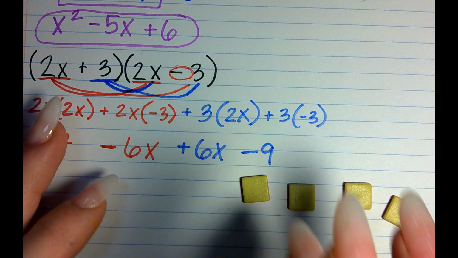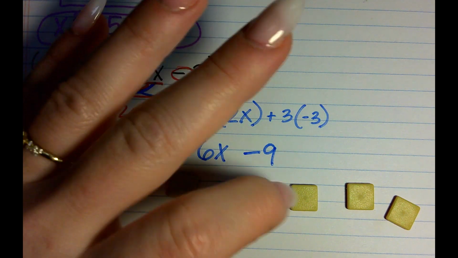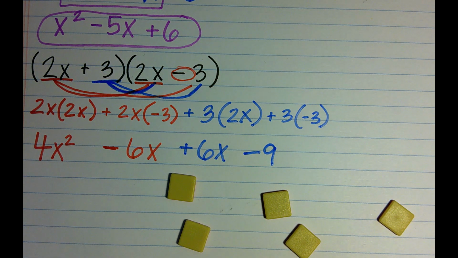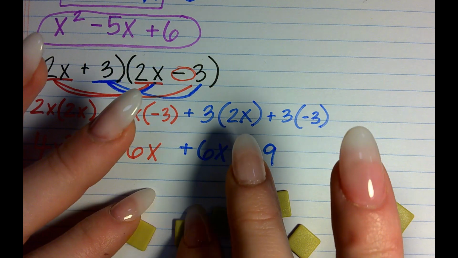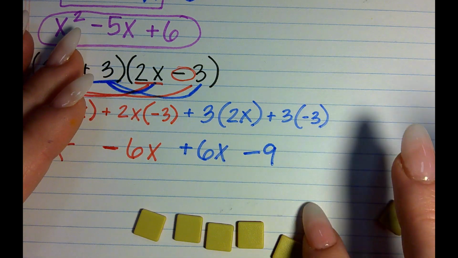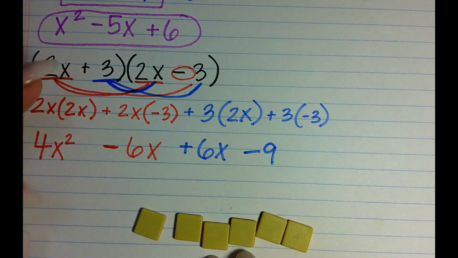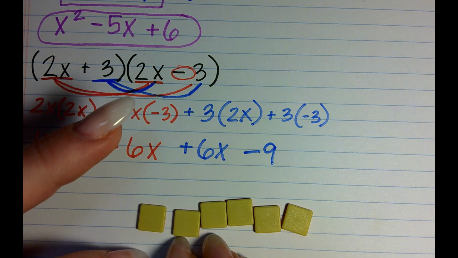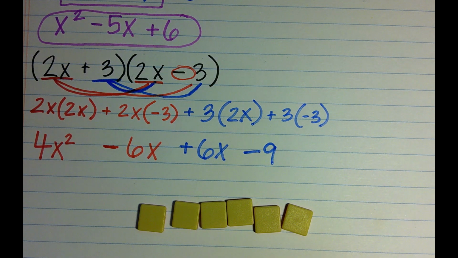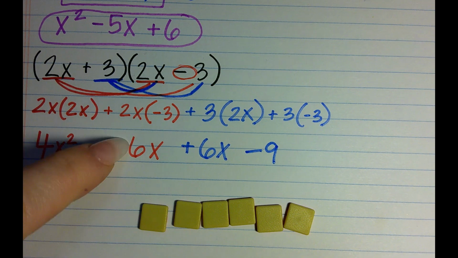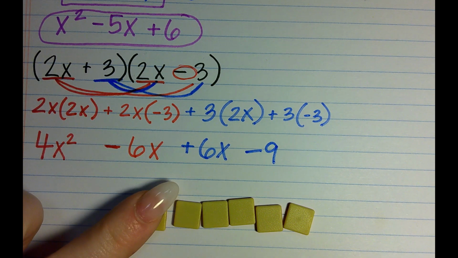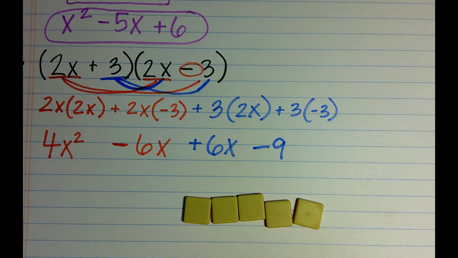This is positive x. 1, 2, 3, 4, 5, we need one more, 6. So positive 6x right here. And I am going to subtract 6x, which is the same thing as adding negative 6x. Every time I add a negative x or take an x away, I'm going to flip one of these over. If I flip them all over, they have disappeared.